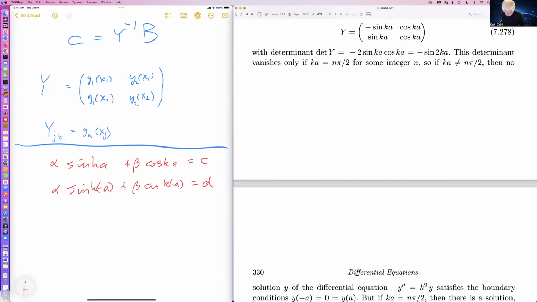Then, obviously, you learned in high school how to solve such a system of equations.